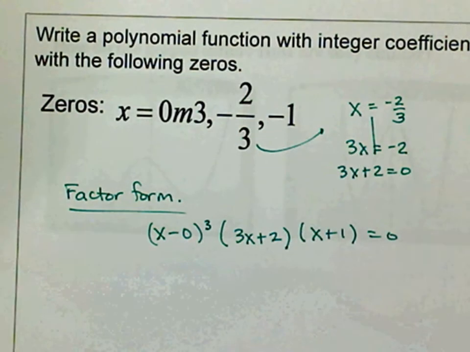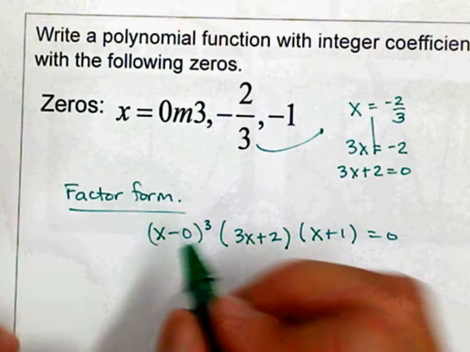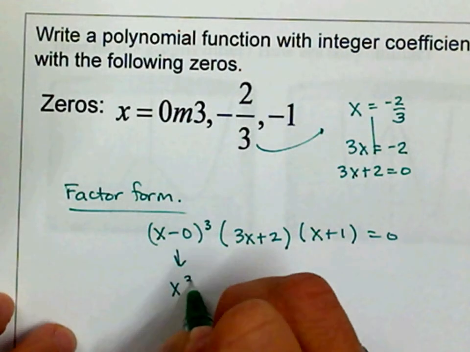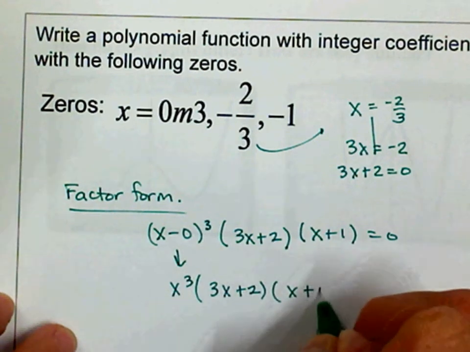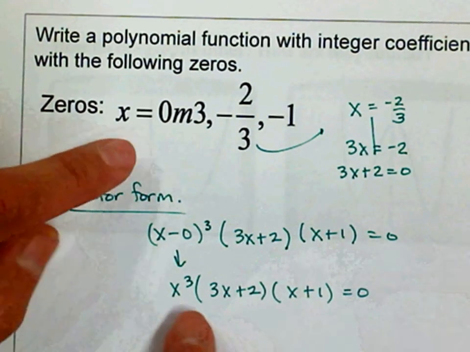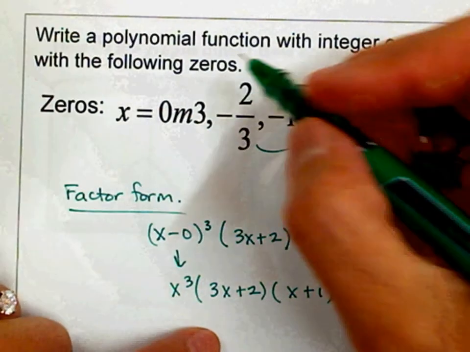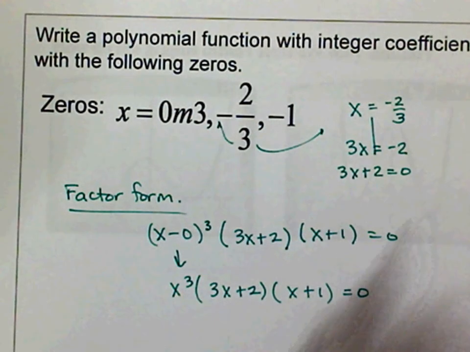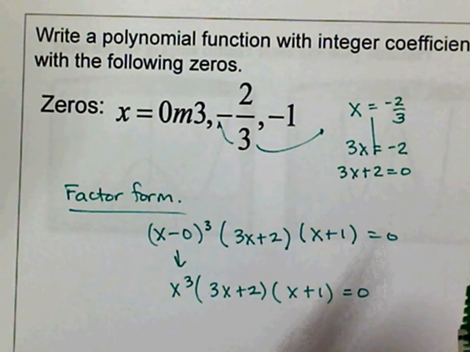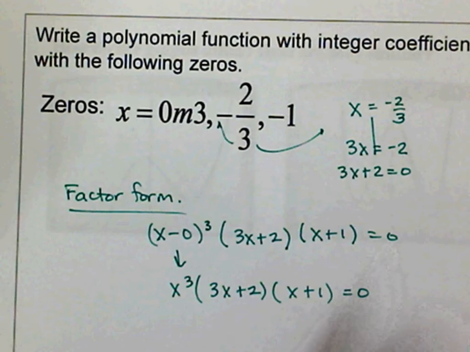Write it pretty. X to the third, 3x plus 2, x plus 1 equal to 0. I think you guys might start seeing a pattern, how you just kind of move this up and the sign is opposite every time. You guys starting to see that pattern? Sign's always opposite, and you just kind of move the coefficient up, leading coefficient. Okay? Is that what you guys got?